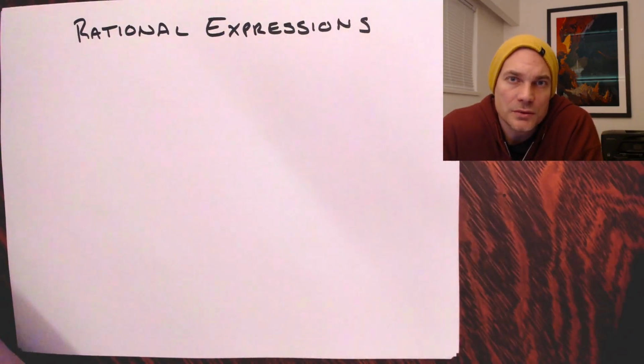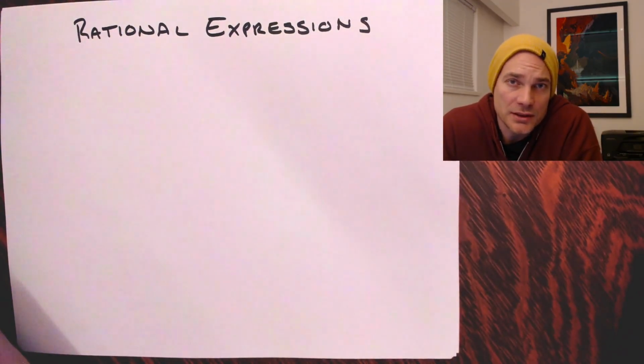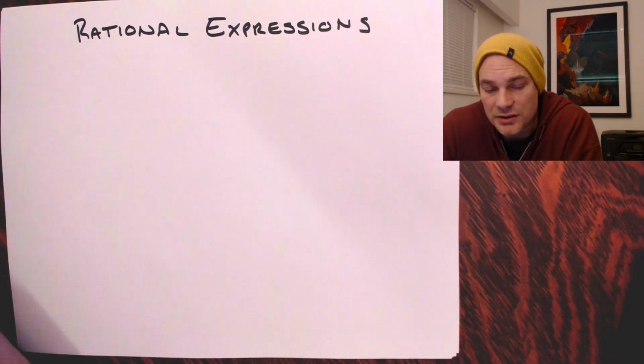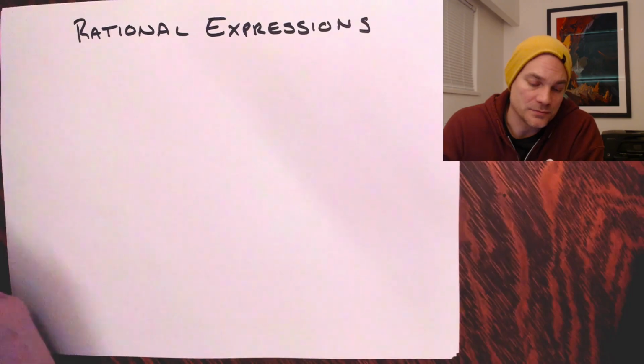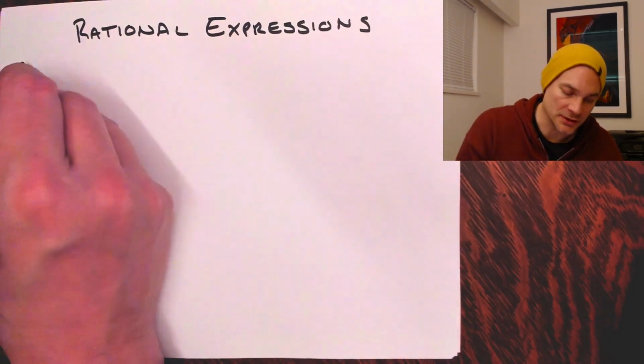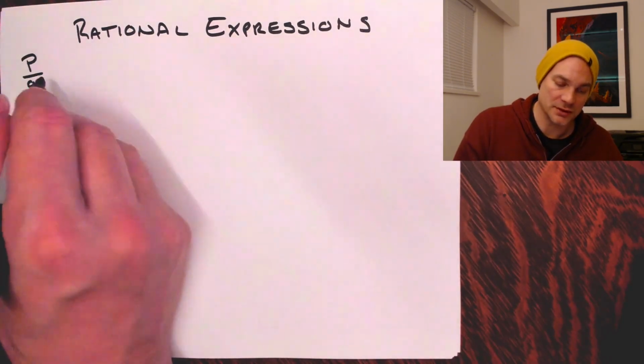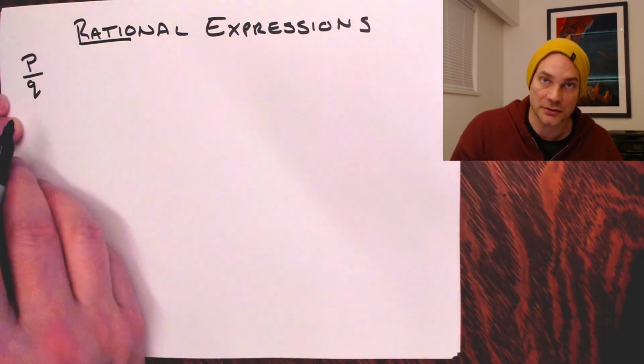Right, so in this video we're going to go over rational expressions, what they are, and some restrictions that come up with them. A rational expression is defined as P over Q, so a ratio. That's kind of the key, ratio.